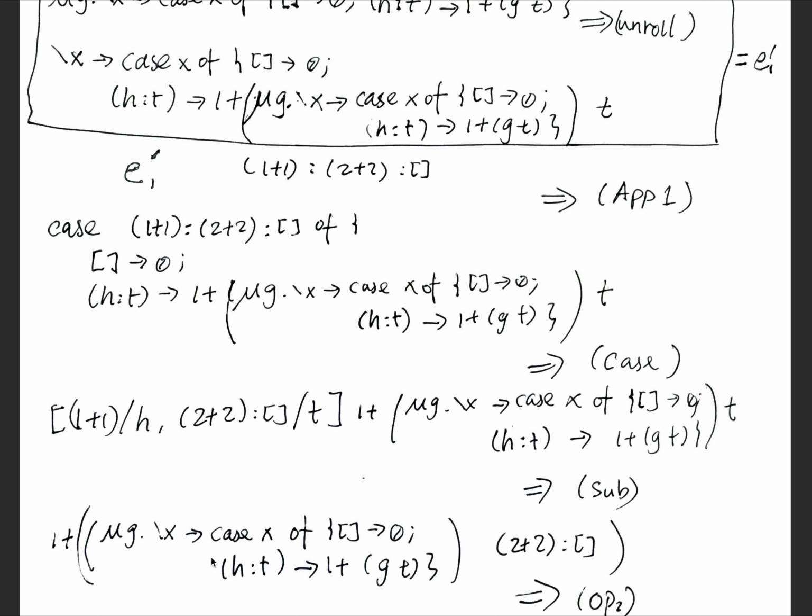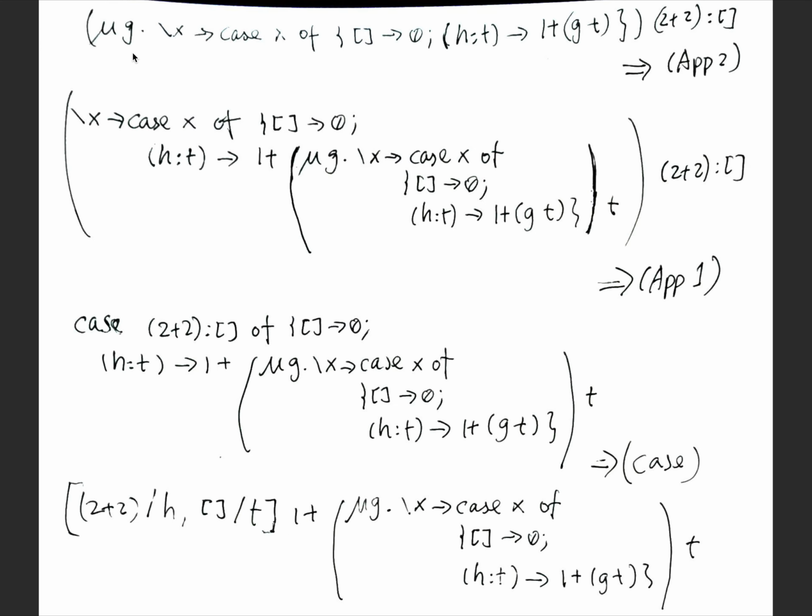This expression overall is an operation. Since the 1 is already a constant, we have to further evaluate the second operand of the plus operator, so we call the op2 rule. This is a subderivation of the op2 rule where we try to reduce the second operand. Notice the second operand is in this form: this recursive abstraction applied to a list consisting of 2 plus 2 cons empty list.